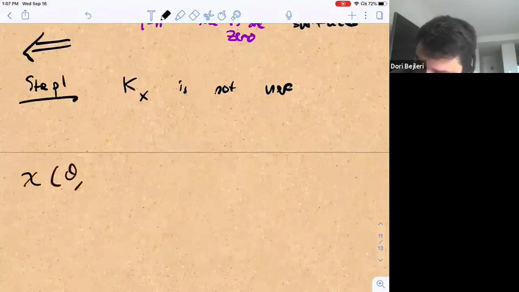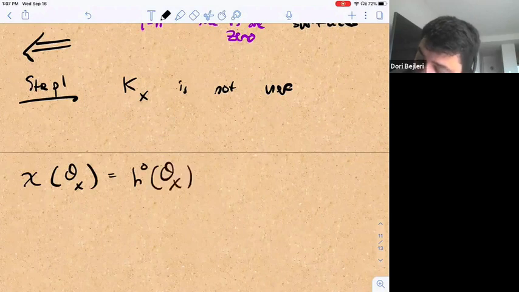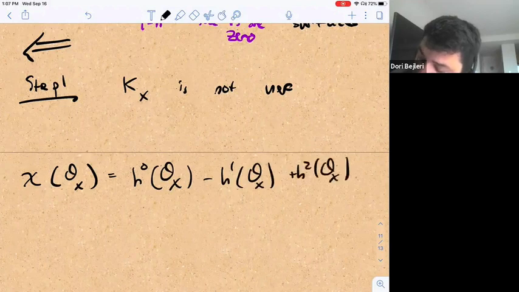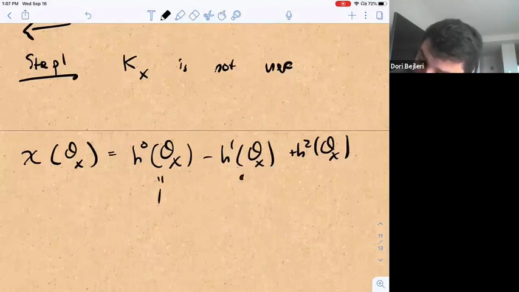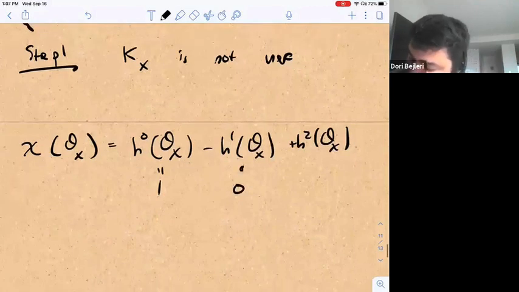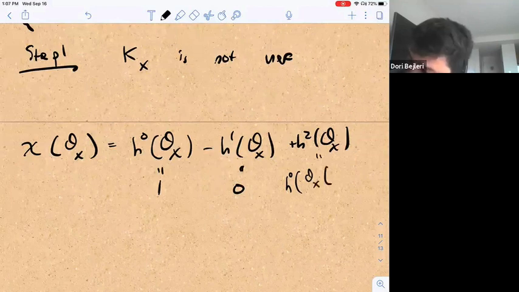So if we look at the Euler characteristic of OX, this is always 1. H1 of OX was our assumption. This is 0. And then H2 of OX is the same as H0 of OX twisted by the canonical.